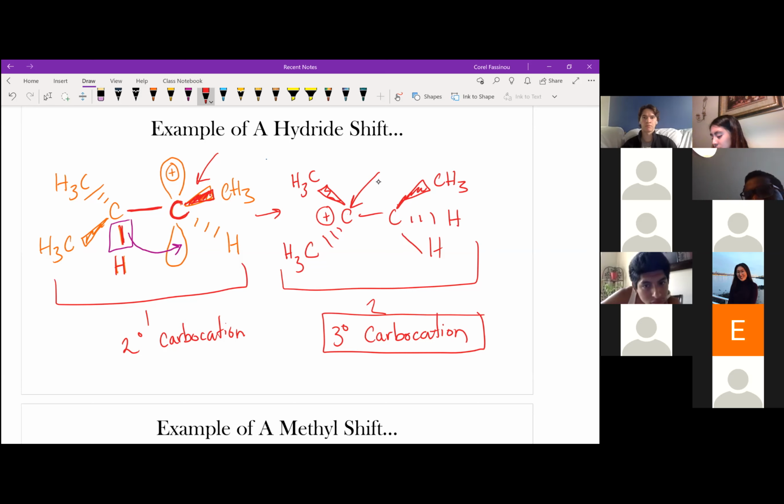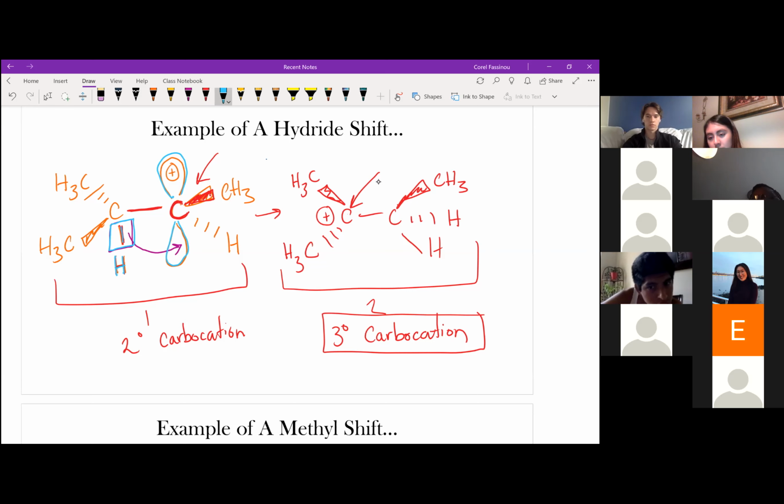Another important thing to note is that the p orbital, this one right here, the empty p orbital that has that positive charge, has to be parallel with whatever group you're trying to shift electrons from.